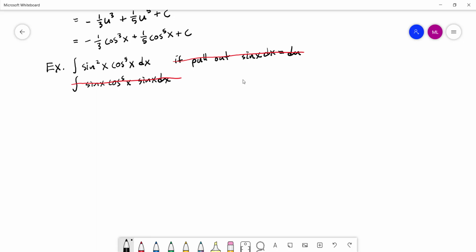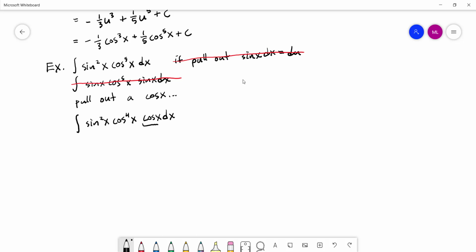Let's pull out instead a single cosine of x. And that's a little bit better because that will leave me with a sine squared of x, a cosine to the fourth of x, and a cosine of x dx.